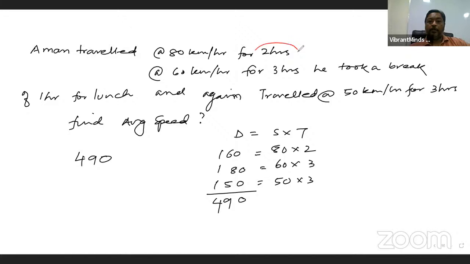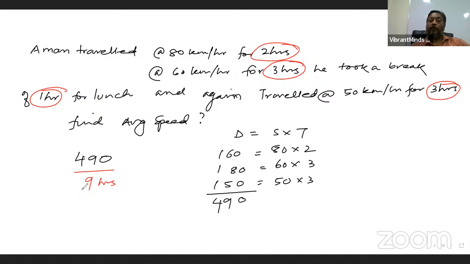The time is 2 hours, 3 hours, 1 hour for lunch, and again 3 hours. So 2, 3, 5, 3, 8, and 1, 9. So 9 hours.